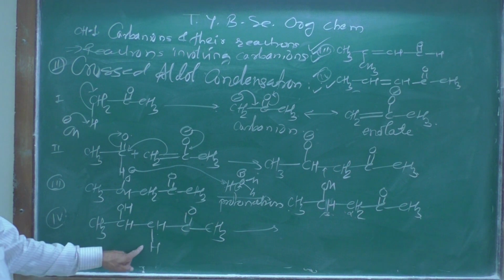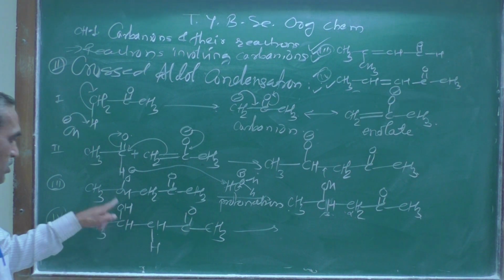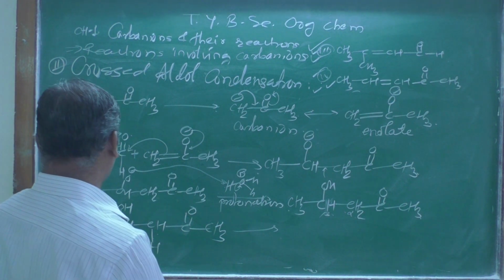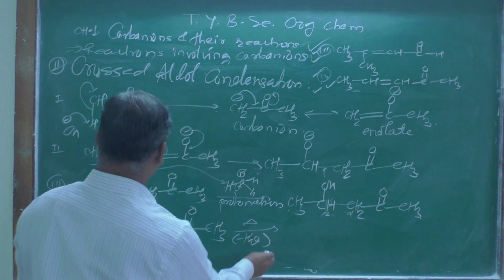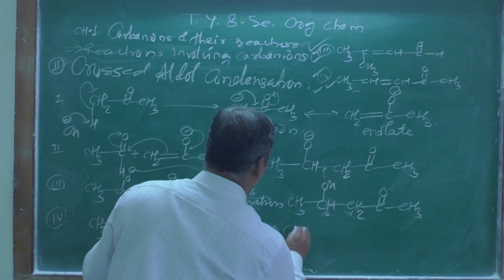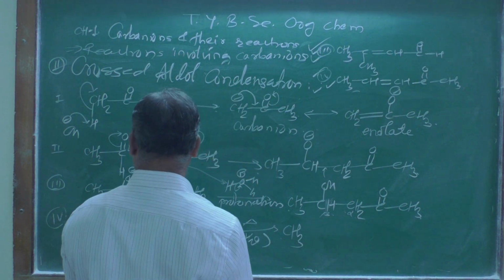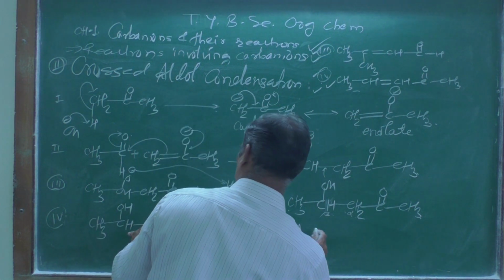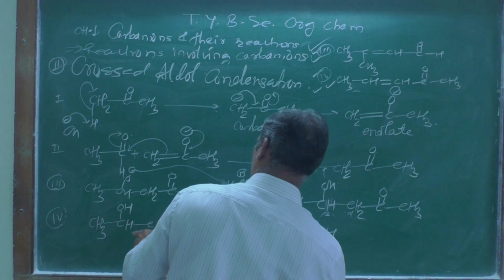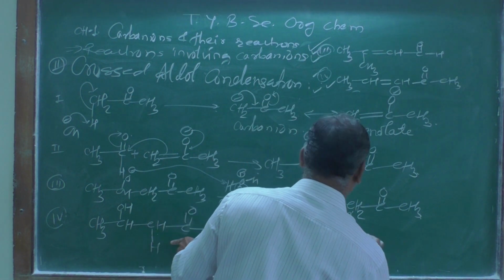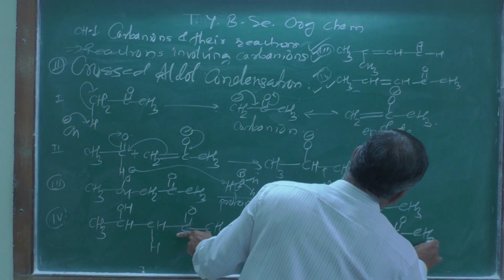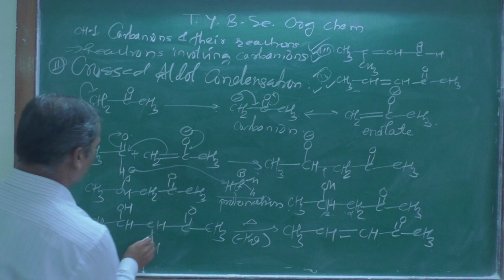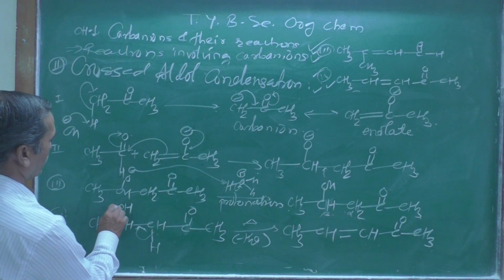From the alpha position there is a hydrogen atom, and from the beta position the hydroxyl group is removed, meaning just by heating, removal of a water molecule H2O, and you are going to obtain CH3, then CH double bond, then CH, C double bond O, and the CH3, right? And now in this way you can show the mechanism.